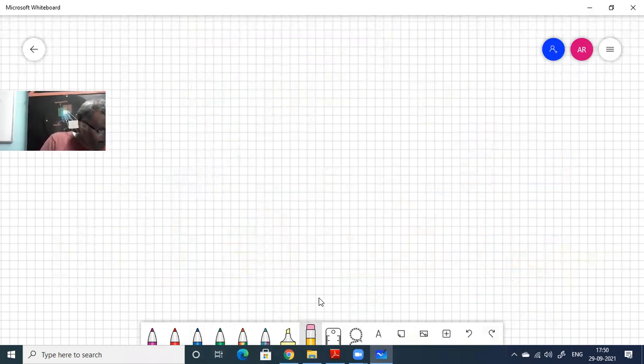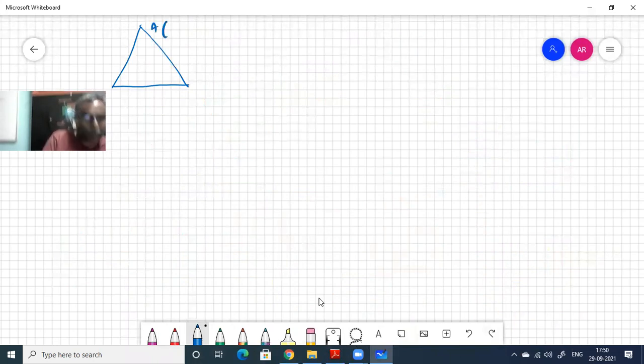Find the centroid of the triangle whose vertices are, okay, there is a triangle. Vertices are A (6, minus 1), B (8, 3), and C (10, minus 5).